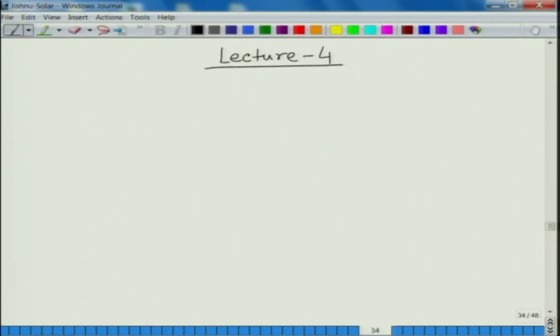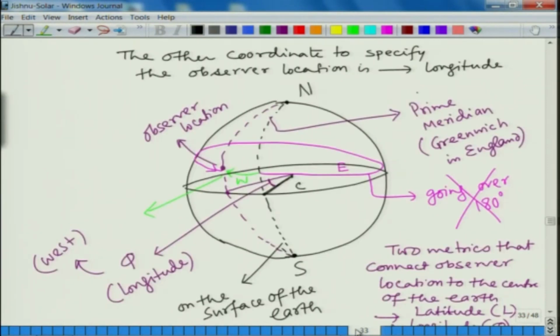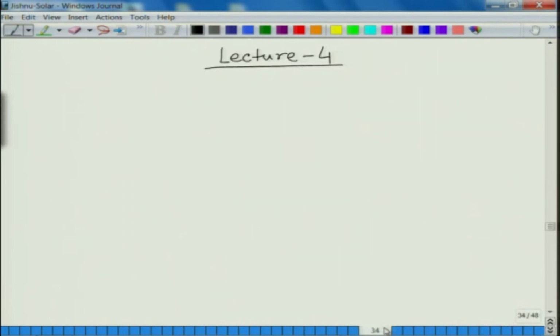Okay. So, last time we were looking at the relationship between the sun, earth, the observer and the center of the earth. The critical information that we need is the apparent motion of the sun with respect to the observer.